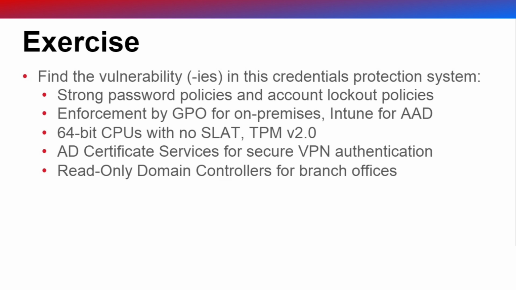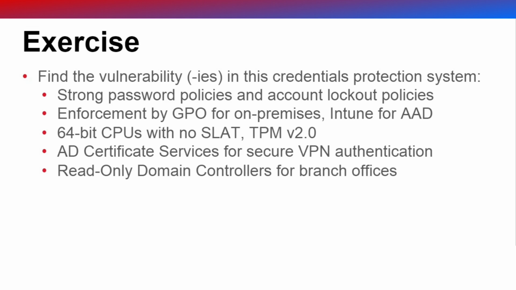We're enforcing strong password and account lockout policies by group policy for on-premises. We've got Intune for cloud-based devices in Azure AD. Our devices have 64-bit CPUs, no SLAT, that's second-level address translation. It's one of those things that was required for VBS, if you remember.